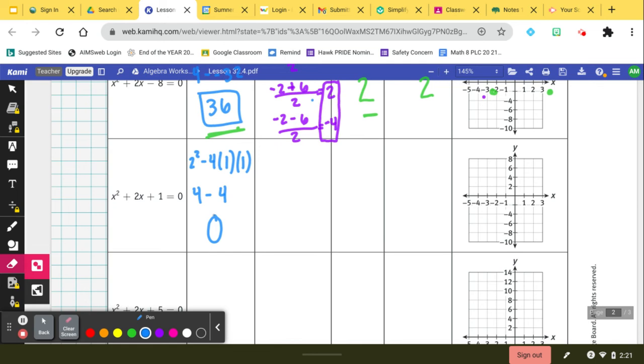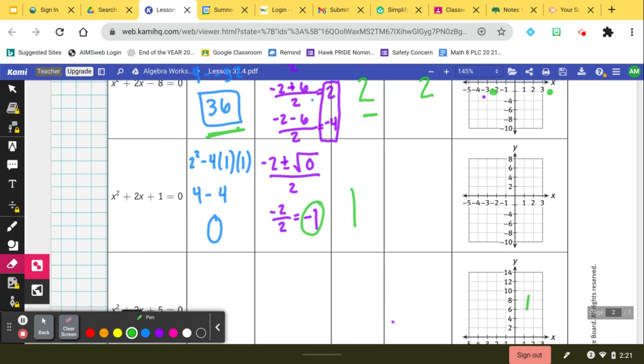So that means in my solution I get negative b, so negative 2 plus or minus the square root of our discriminant, which is 0, divided by 2. Well, the square root of 0 is 0, so really we get negative 2 divided by 2 for both those, which is equal to negative 1. So really we only have one solution when x is negative 1.